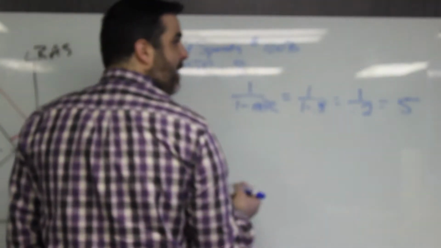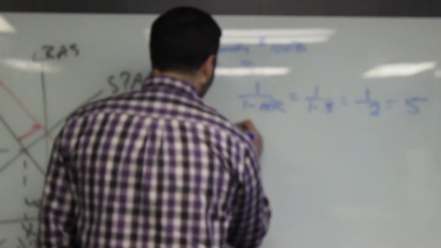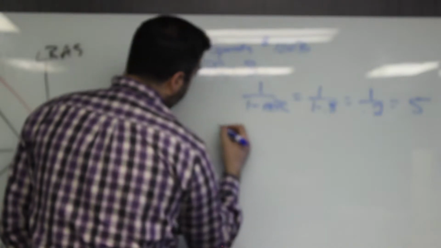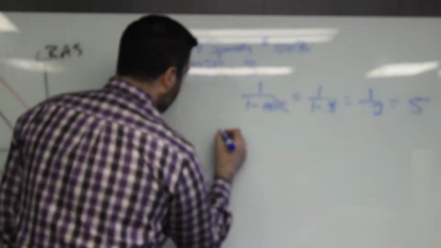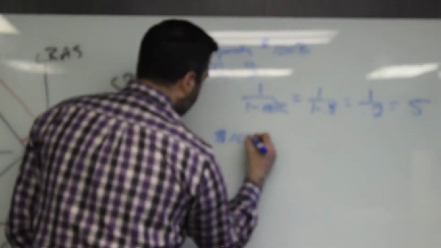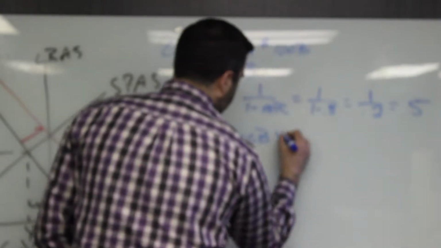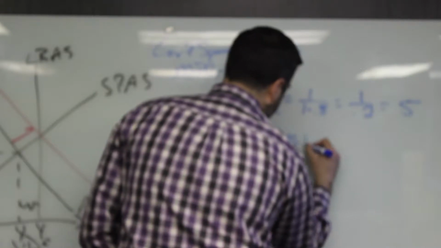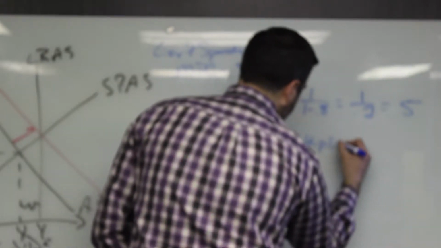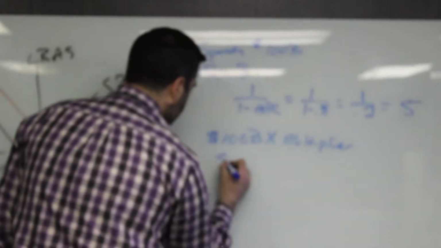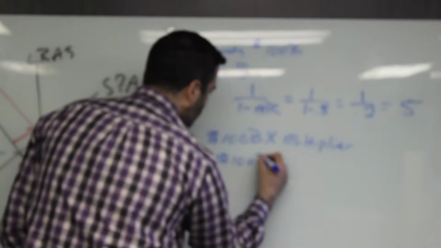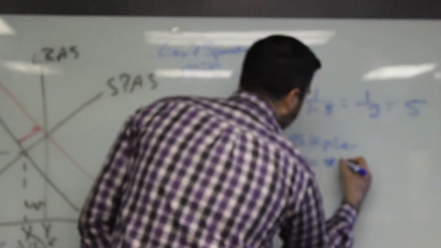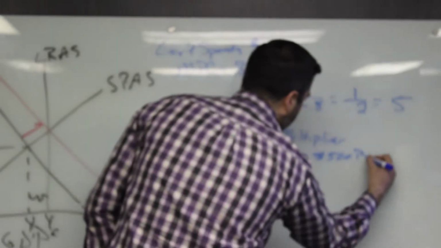So we would figure this out as 100 billion times the multiplier, which equals 100 billion times 5, which equals 500 billion.